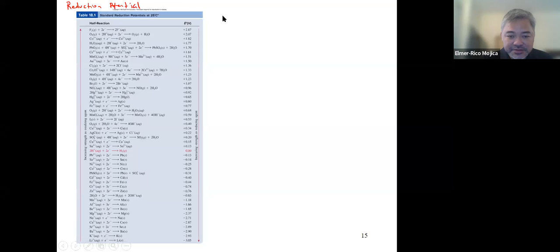So what information can we get from here? These values will be useful to tell us which one is oxidized and which one is reduced, or which is the anode and which is the cathode. Is that clear?